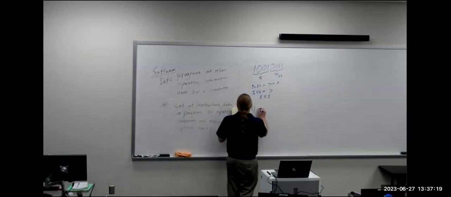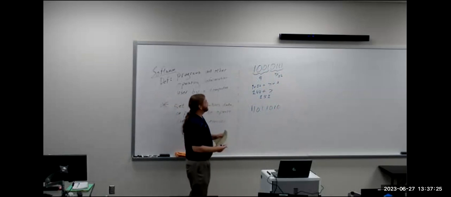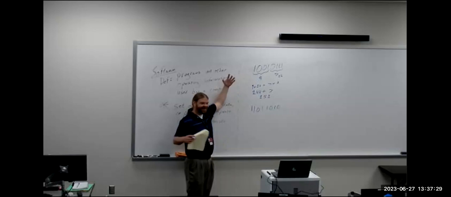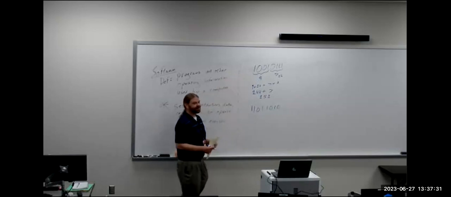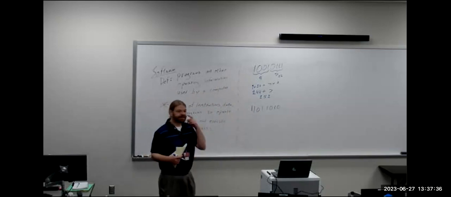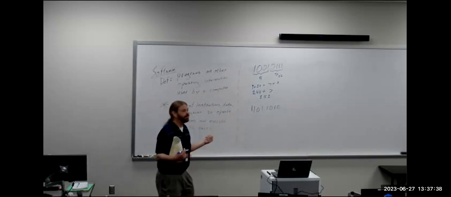Same thing with 1101, 1010. I wrote this in the margins probably because I jotted this down in the notes and then realized that I didn't use any of the extra symbols. So for base 16, we need 16 symbols. 0 through 9 are obvious because we're talking about numbers.